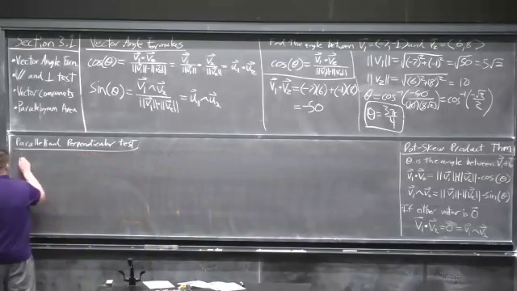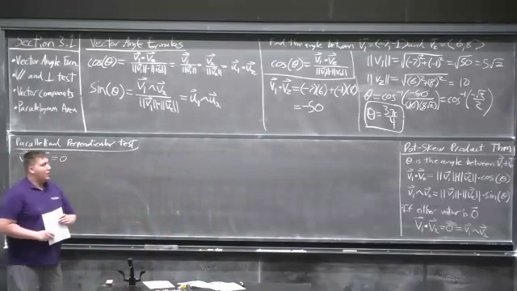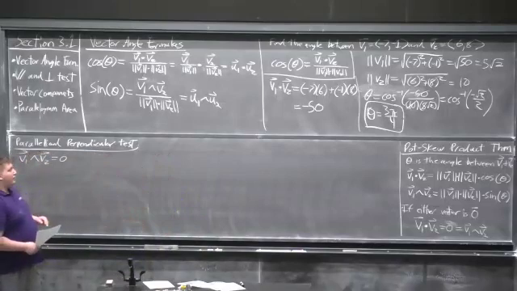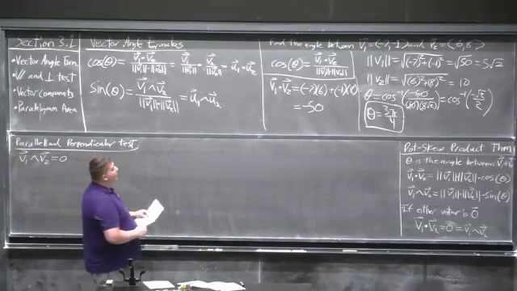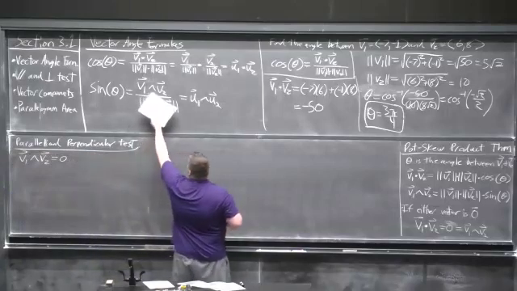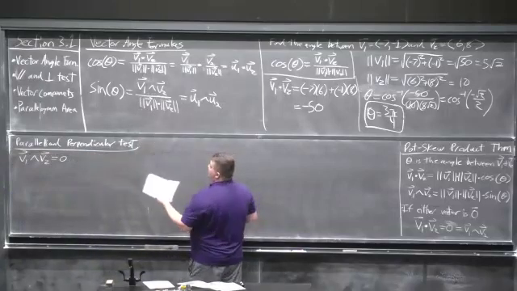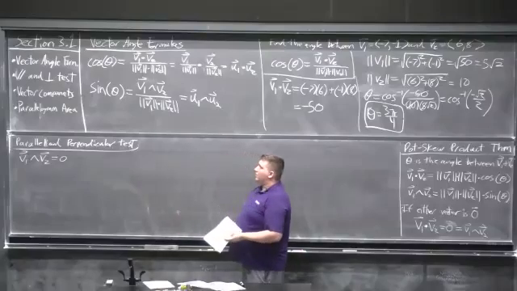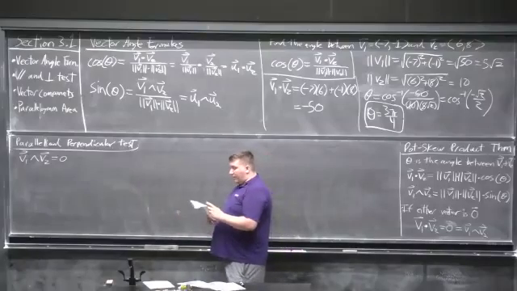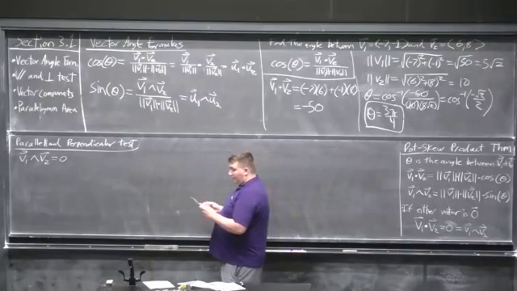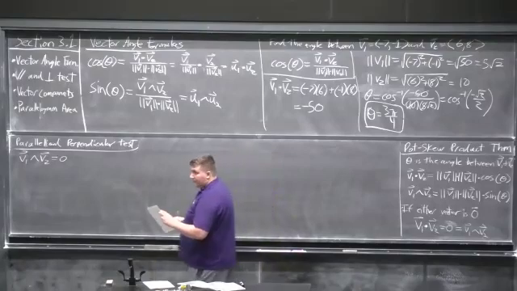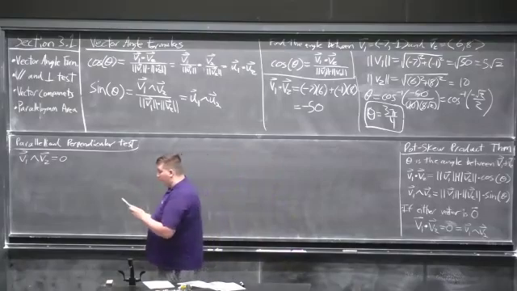What if we get v1 skew v2 and we get this to equal 0? What happens then? Well, if we have a 0 for our skew, that means that we have the sine of theta equaling 0. Well, what sine of theta gets us 0? That is, if they're parallel, they're going in the same direction.